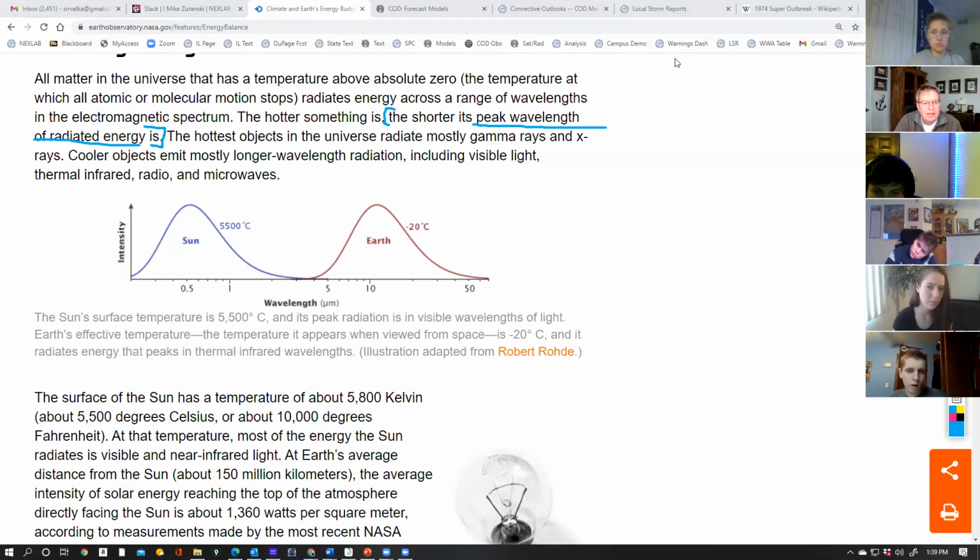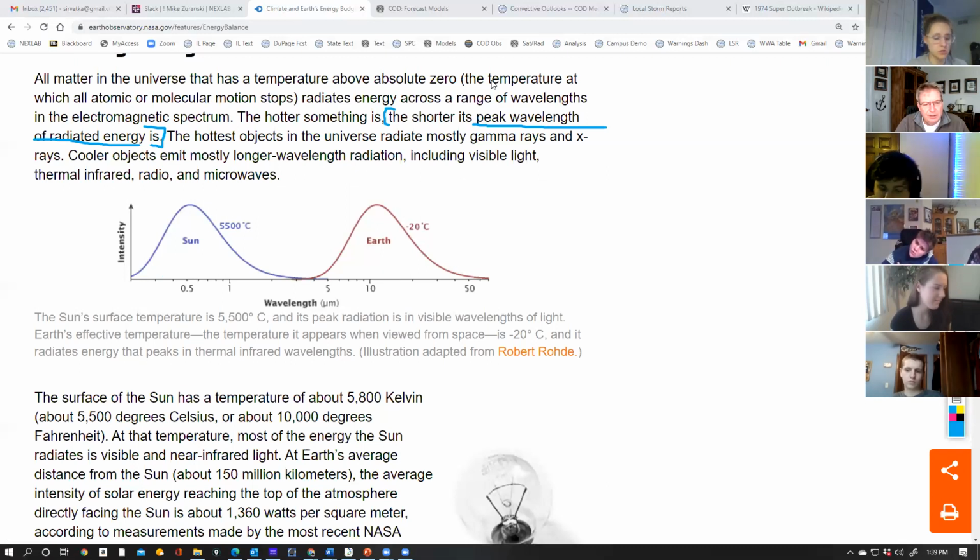So, Shannon, what do you think this means? The peak wavelength, doesn't that mean it's the total irradiated energy through the energy flux? No, not that one. See, we didn't use the term peak wavelength. What did we use?